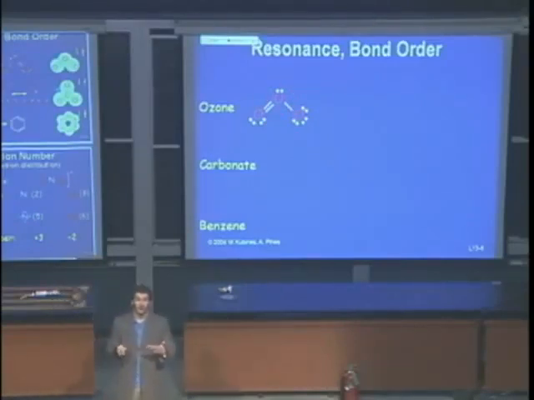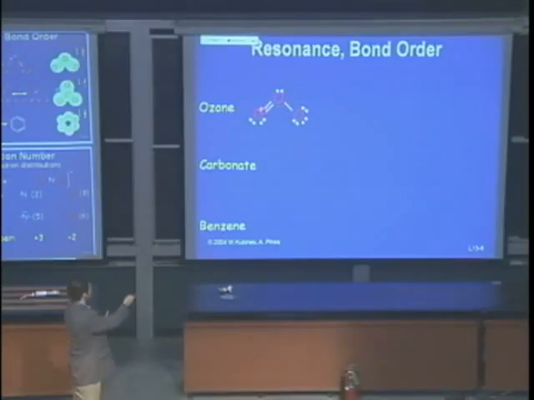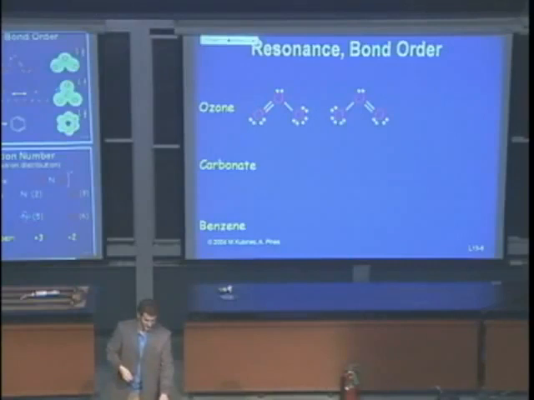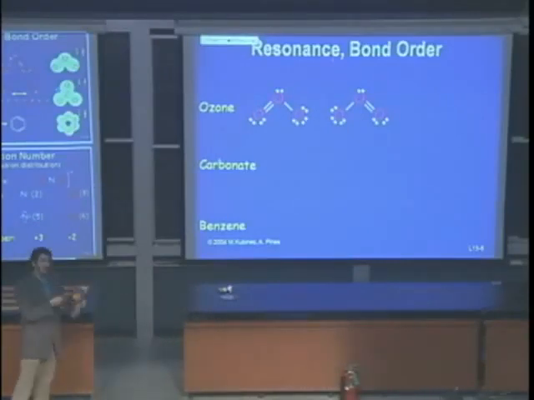But which one I make a double bond and which one I make a single bond is fairly arbitrary, right? Could I have drawn it with the double bond here and the single bond there? I'm pretty sure I just did. So, you know, whichever side we do it, these are equivalent.